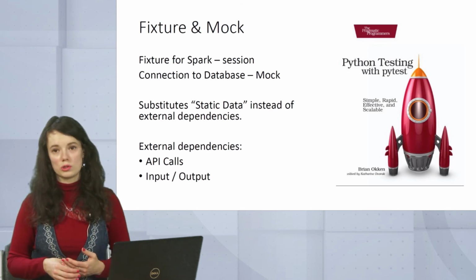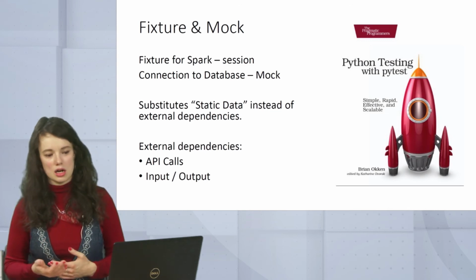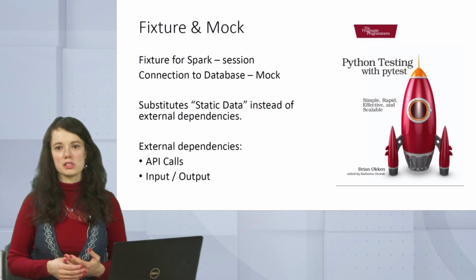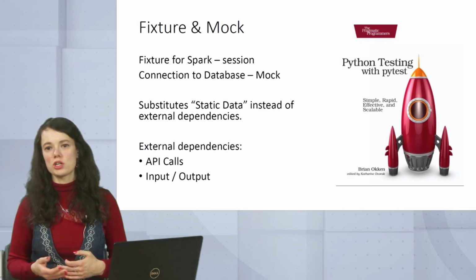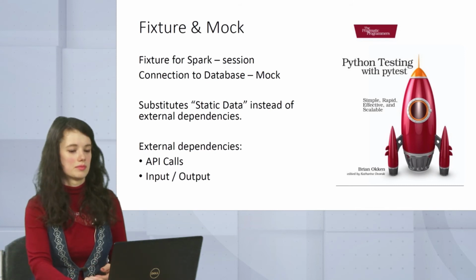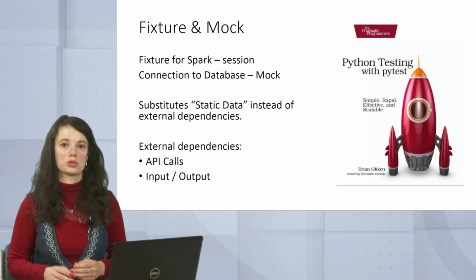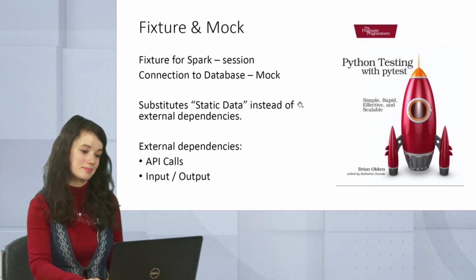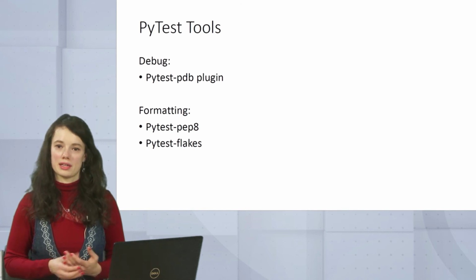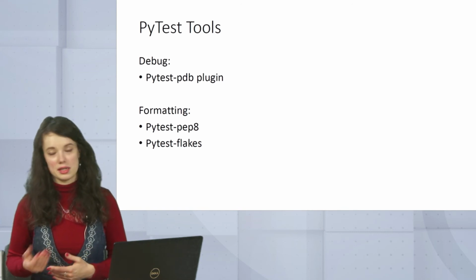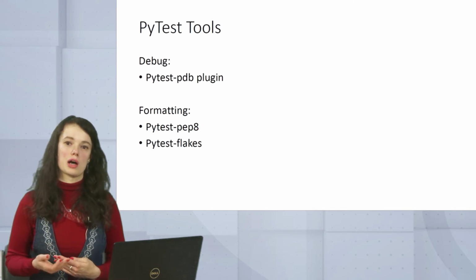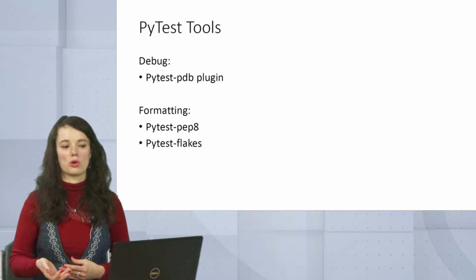If you want to read more about these things, there is a nice book, but in practice, all the things that I mentioned are quite enough for testing in data science. And we are not using mocks as well. Other useful tools for PyTest are the PyTest debugging plugin and two types of PyTest formatting if you want to auto-format your code.